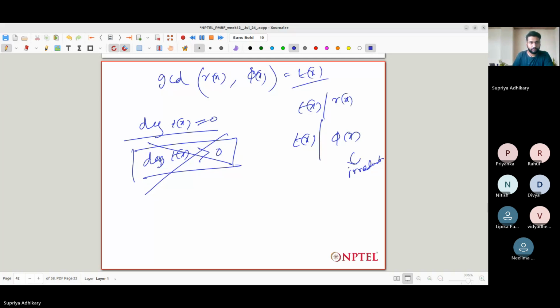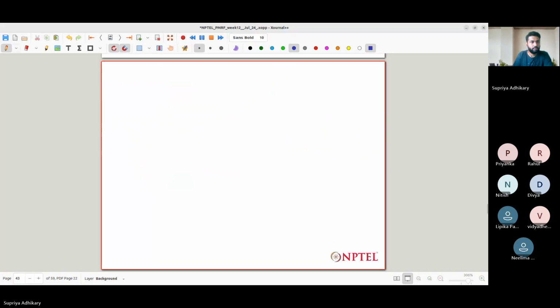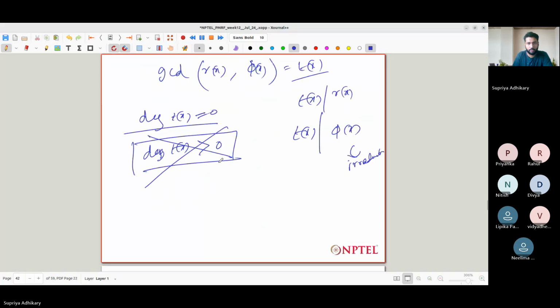Now, what we can write is that this R(x) multiplied by some polynomial, let's say P(x) plus, okay, this actually has to be a unity, that is 1.